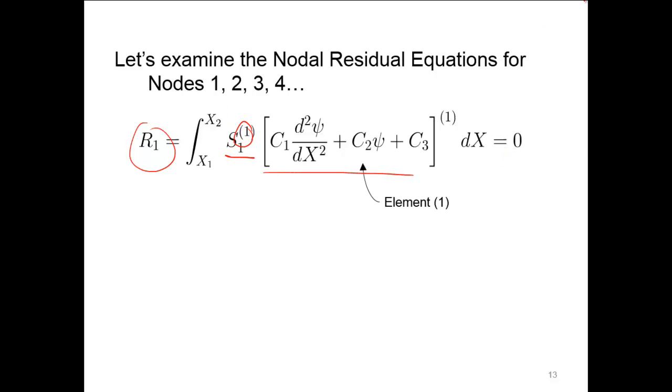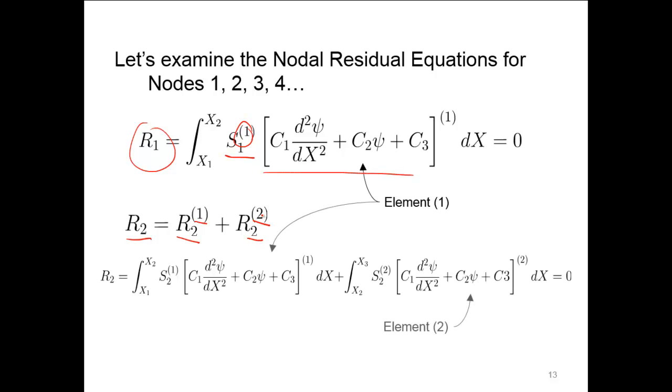That's all for element 1. For the residual at node 2, we have to get the residual of node 2 from element 1 and from element 2. Now we have more here, because node 1 only had one element next to it. There was no element on the other side of it.